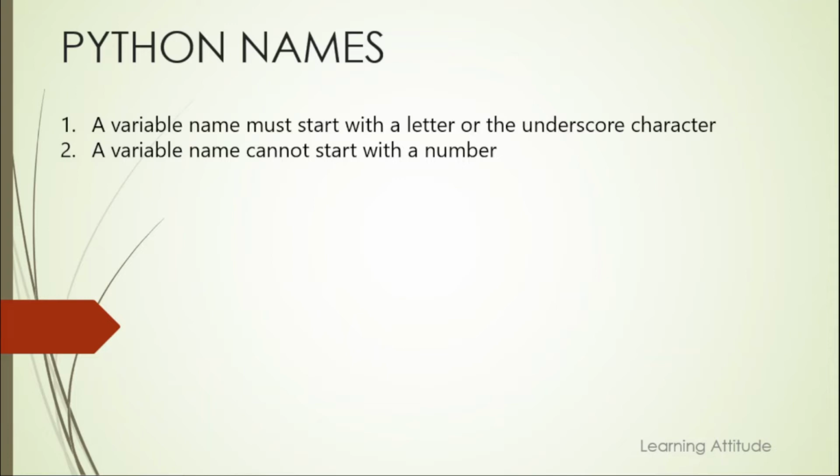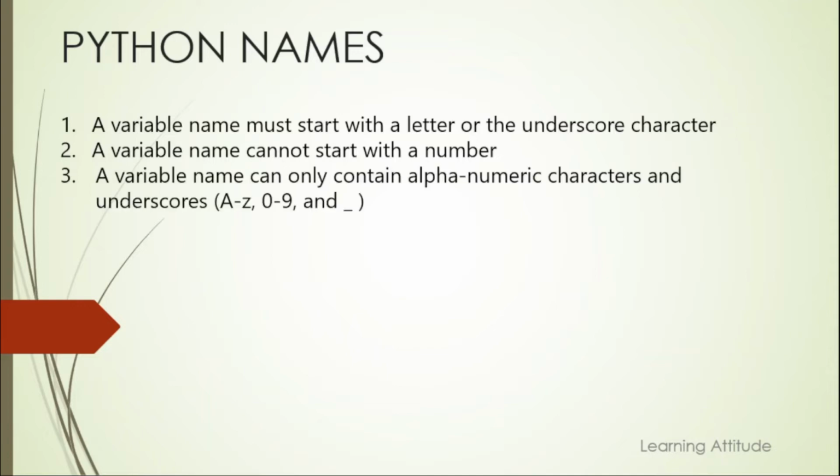So you have to use a letter or the underscore character. A variable name can only contain alphanumeric characters and underscore, meaning A to Z, 0 to 9 and underscore. You cannot use any special character here. Special character in the sense of at the rate, hash, like that. So it should be alphanumeric characters and underscore.